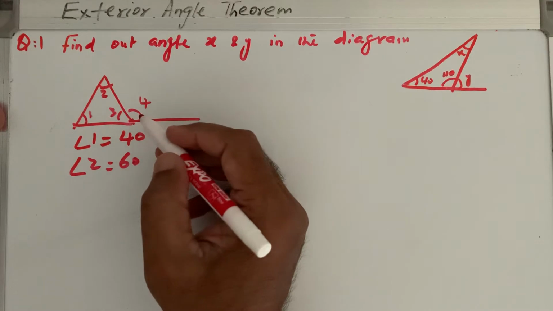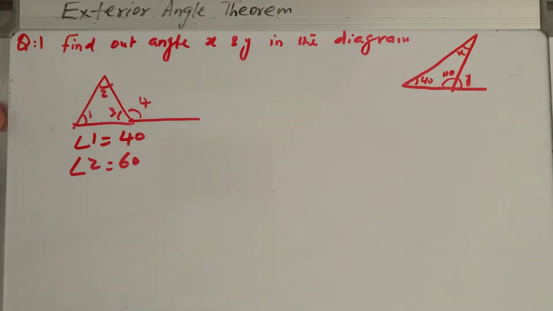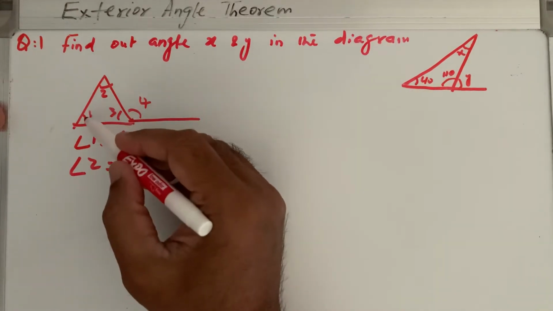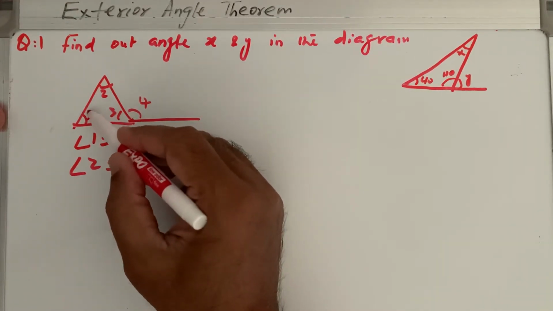What is the definition? An exterior angle of a triangle is equal to the sum of the opposite interior angles. What are the opposite interior angles in this case? These, 1 and 2.